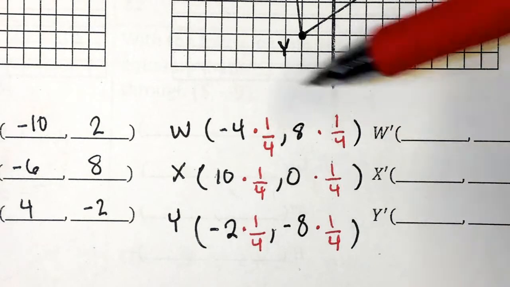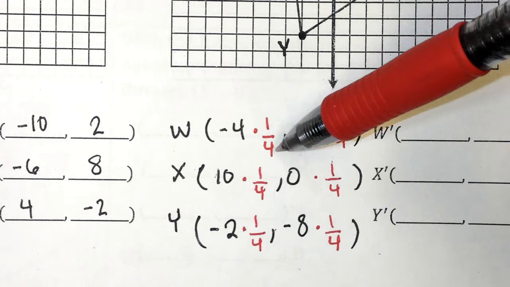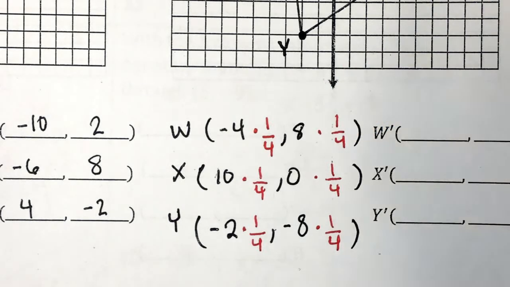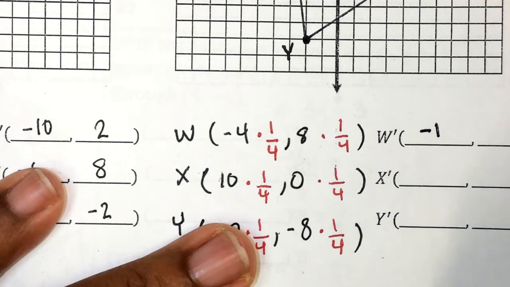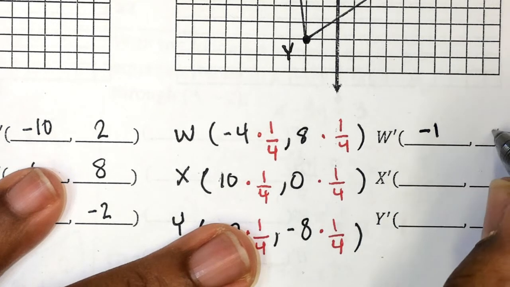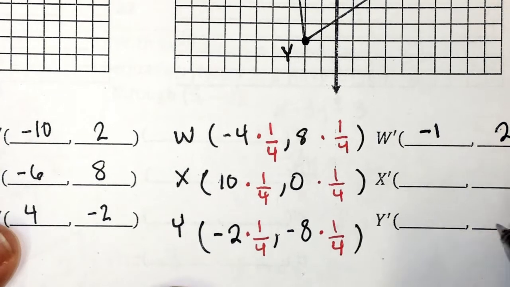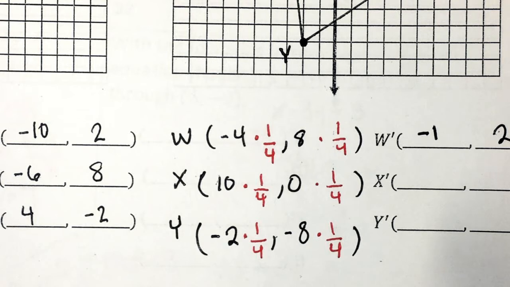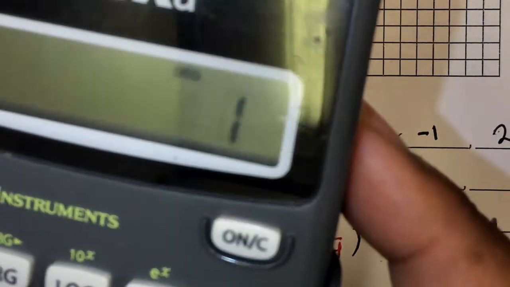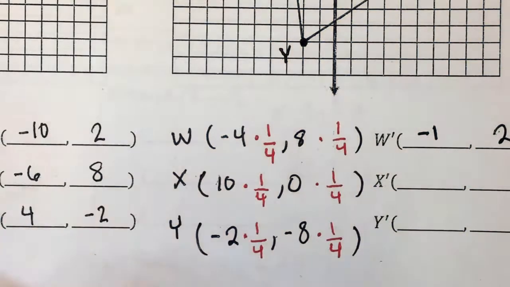Keep it moving. So this is negative 4 times 1 divided by 4, negative 1. Then you've got 8 times 1 divided by 4, 2. Then you've got 10 times 1 divided by 4. You can have decimals too, because we're not going to write fractions. You might need to do that one in the calculator if you don't know it off the top of your head. So basically it's 10 divided by 4, 2.5.